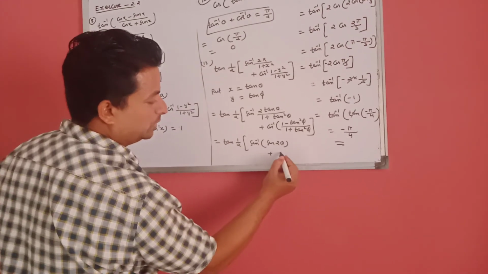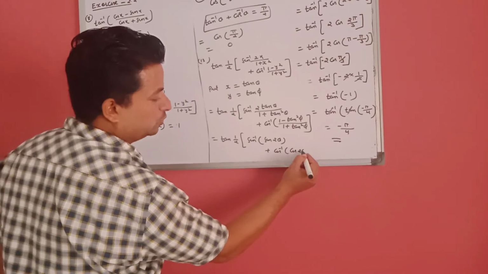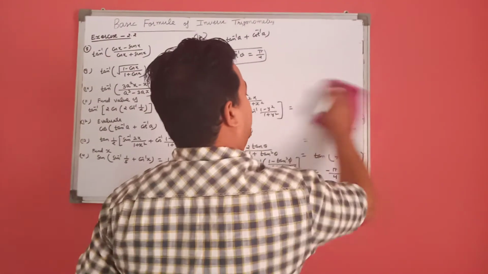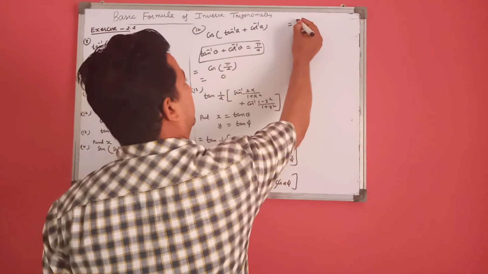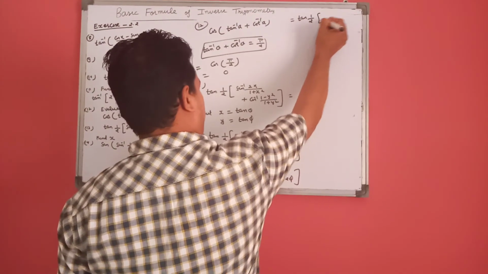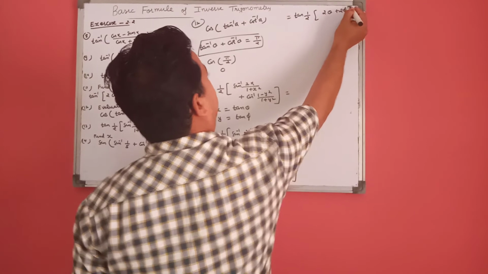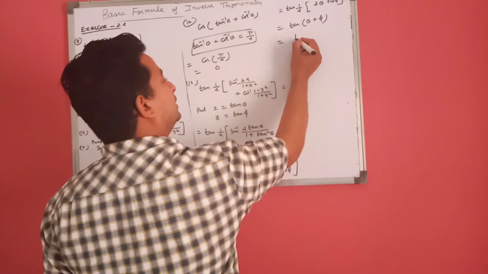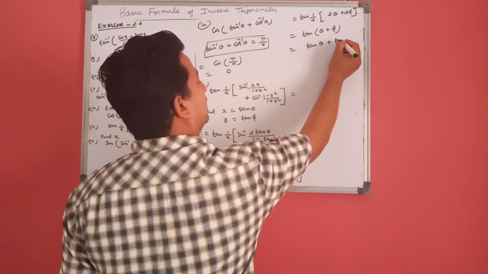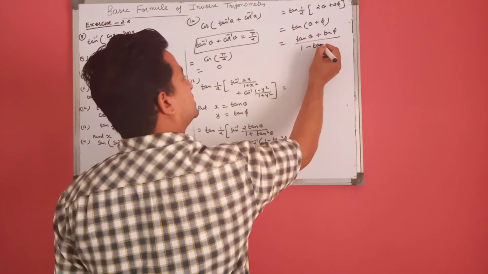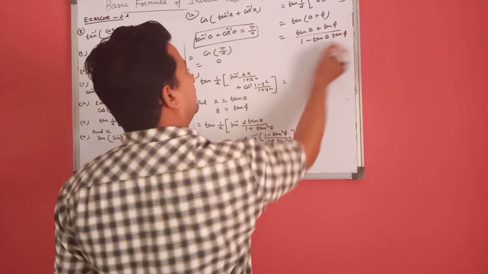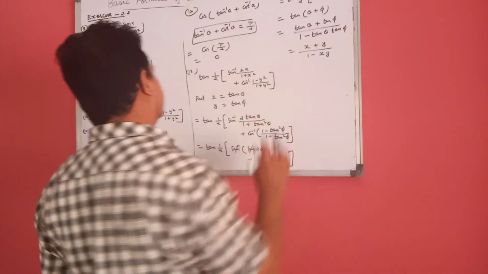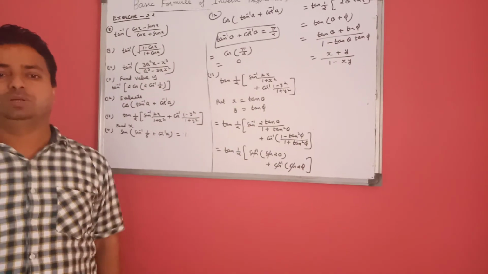This is the formula of cos 2 phi. This cancels out, this also cancels out. So we have tan of 1 upon 2 of 2 theta plus 2 phi. Take 2 common and cancel out: tan of theta plus phi. This is the formula of tan A plus tan B over 1 minus tan A tan B. This is x, this is y, 1 minus xy. This is the simplest form of question number 13.